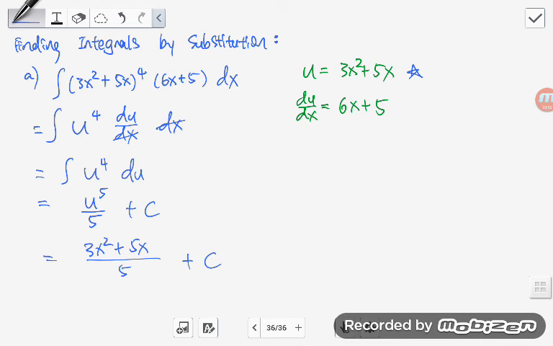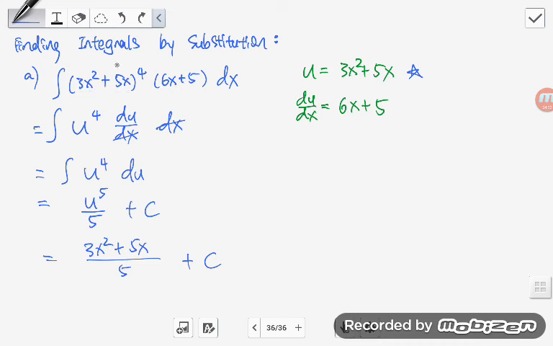Now you might be asking, why did I choose this to be my u? Why didn't I choose that to be my u? Why can't I do that? The reason I could do it quickly is because I've done it several times. The thinking process is, if I look at 3x squared plus 5x and I look at 6x plus 5, I see that if I differentiate 3x squared plus 5x, I will get 6x plus 5.